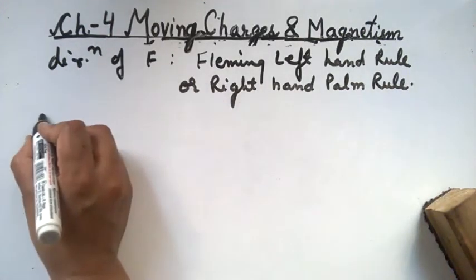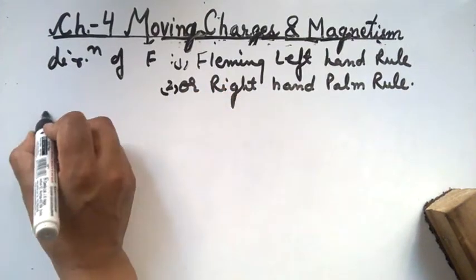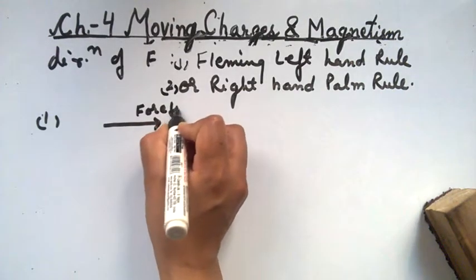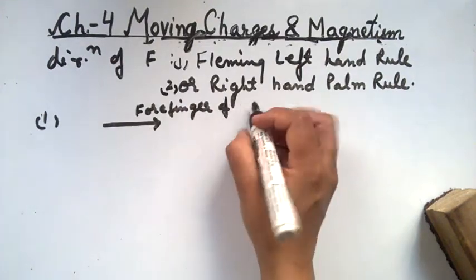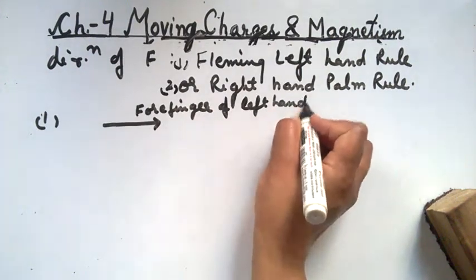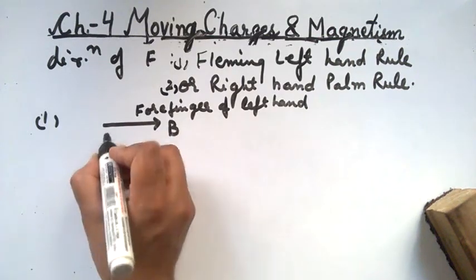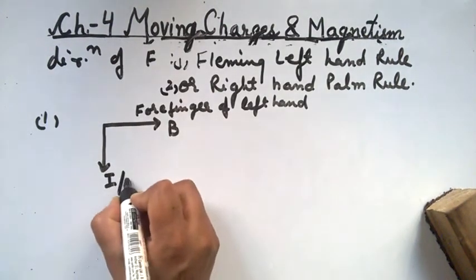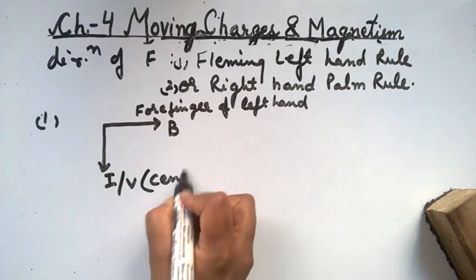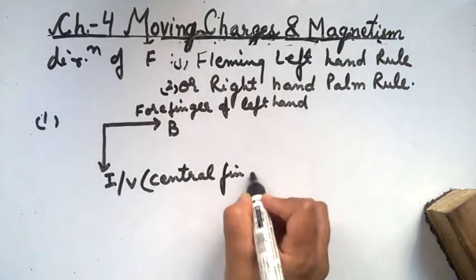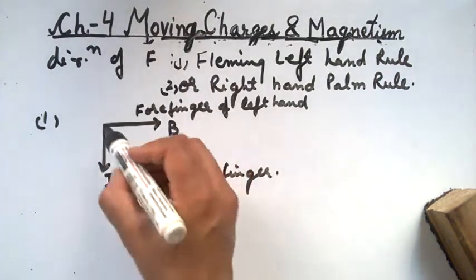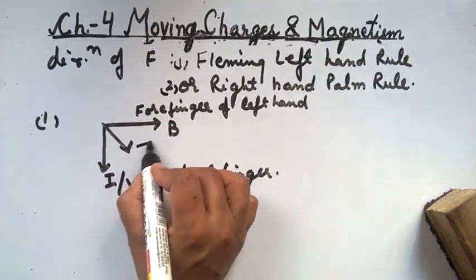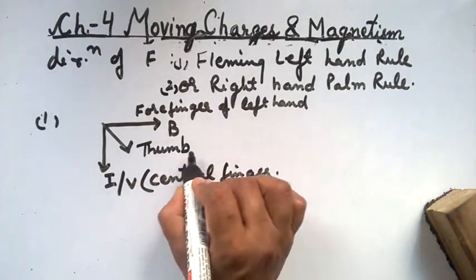Fleming left hand rule is: forefinger of left hand gives direction of magnetic field, central finger gives direction of current or velocity, then force is given by thumb, the direction of force.